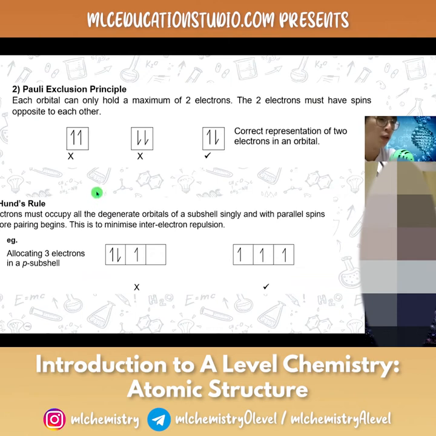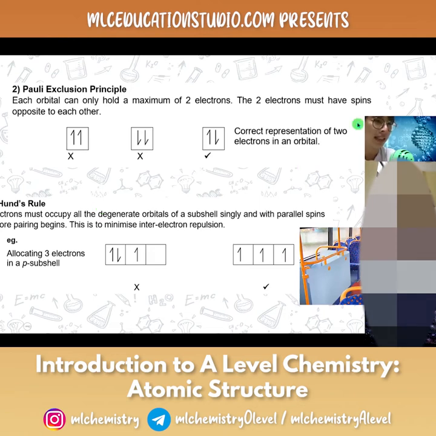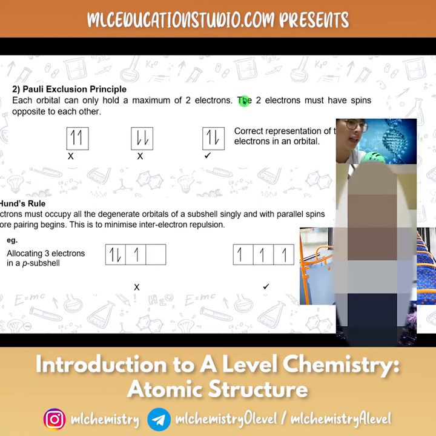Last rule, Hund's rule. It means this: if there are degenerate orbitals, which means there are multiple rooms and all the rooms are the same, they will prefer to occupy the room singly first. Once again, think of a bus.